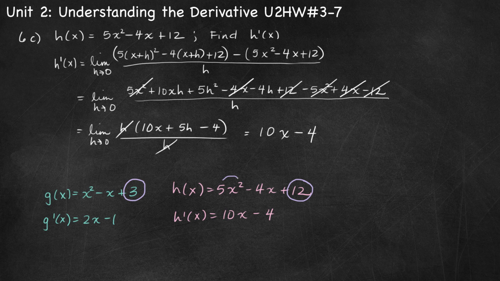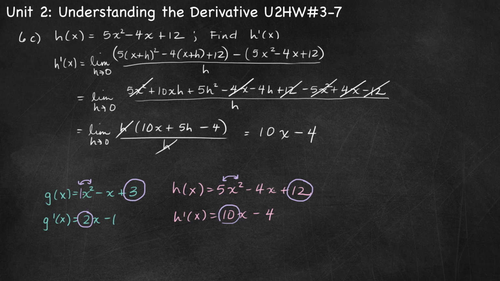However, if I multiply 5 and 2, I get 10, and I do see that in my derivative. So let's see if the same is true over here. If I multiply the hidden 1 that we see in front of x squared by the 2, I get 2, and I do see that in my derivative.